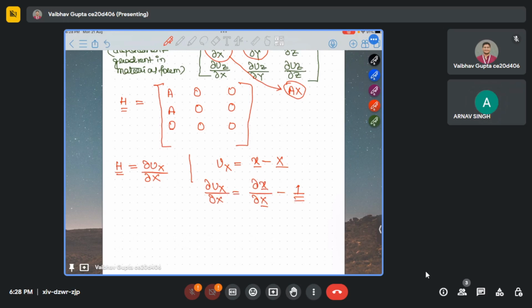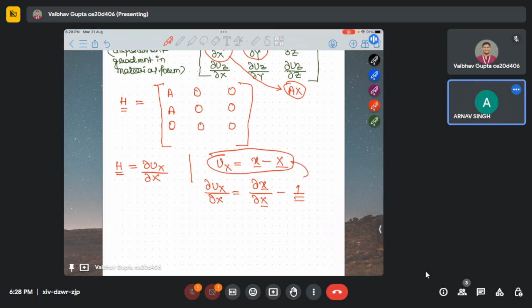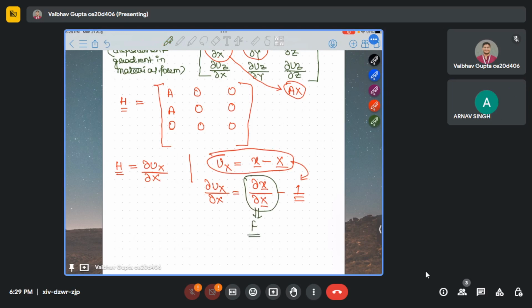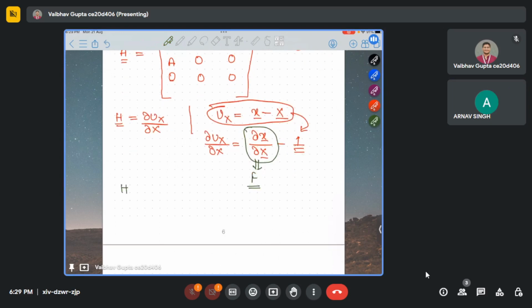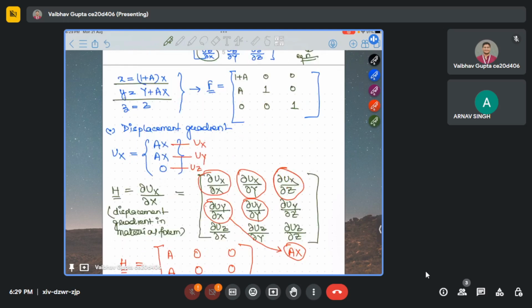And what is F? This is nothing but your deformation gradient. So your H will become F minus identity matrix. Initially we have found out this F also.